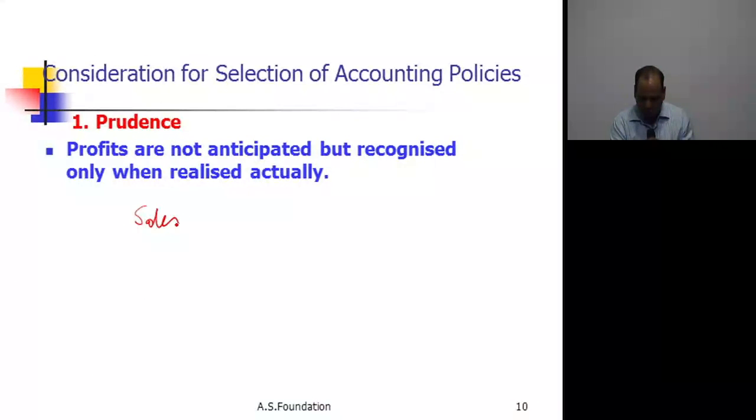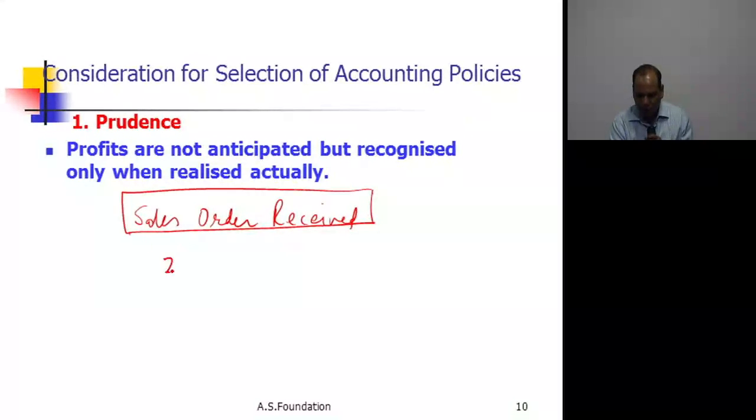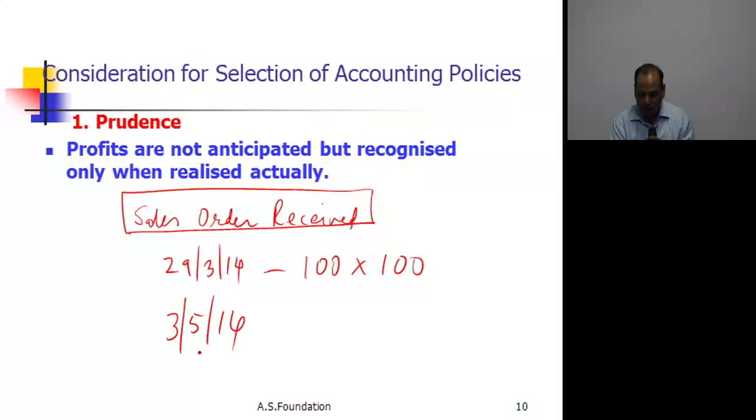Sales order received. Suppose you have received a sales order. You are a businessman, your customer has placed an order on 29th March 2014 to deliver 100 units at 100 rupees. So you have only received the sales order; you delivered the goods on 3rd May 2014. Will you pass the sales entry on 29th March or on 3rd May? You will pass it on 3rd May. Correct.